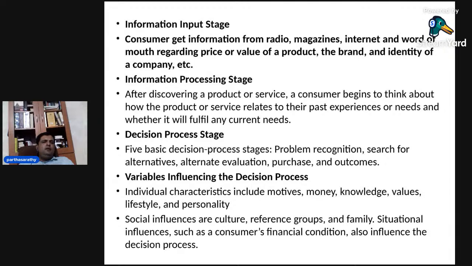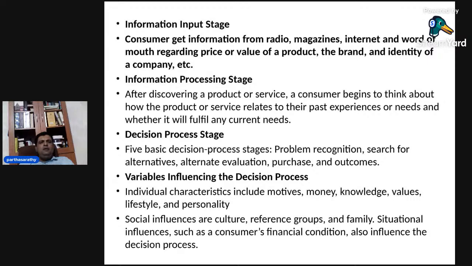Say, for example, if you come across 30 advertisements, we are not curious about all the 30. Maybe we may be curious about 5 or 10 stimuli. Out of those 5 or 10, what we observe is whether that is there in my past experience, point number one, or needs, and whether it fulfills my current needs.